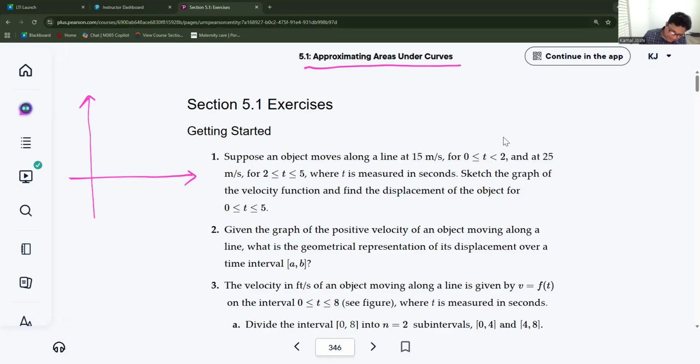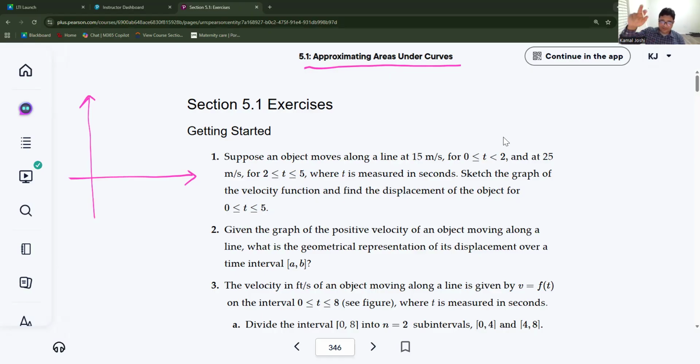As I talked about in the previous video, the velocity graph, with velocity on the y-axis and time on the x-axis, is a very good physical example for the concept of antiderivative, right?